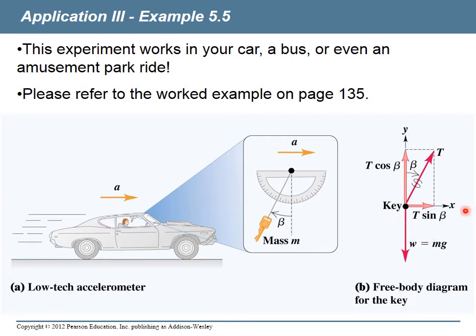So T sine beta is equal to mass times the acceleration of the car. So this is sort of how we put Newton's laws into effect for things actually accelerating, right? Like I said though, finish up this example in the Mastering Physics section. We'll do many more of them in class.